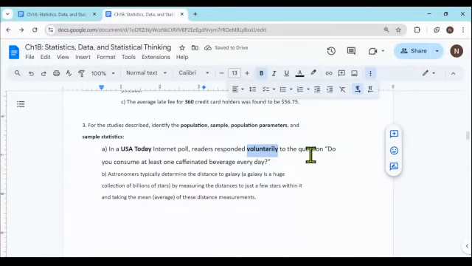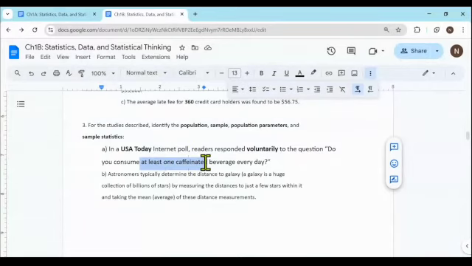The population parameter is the percent who have at least one caffeinated drink among all readers of USA Today. It's written here. The percentage that you're going to get from the calculation. The percent of what? Of people, right?